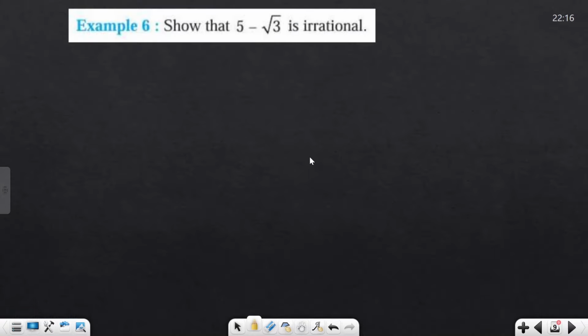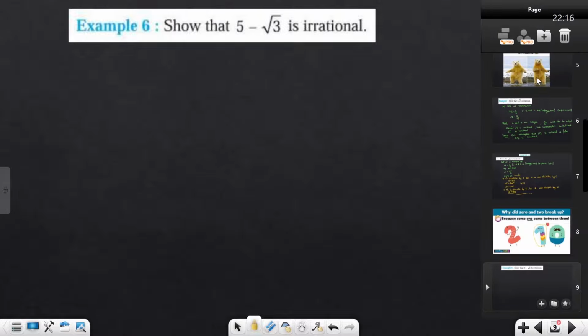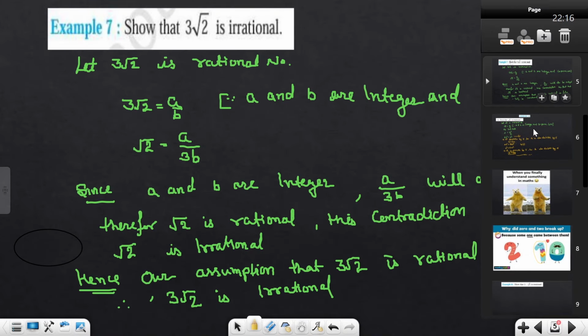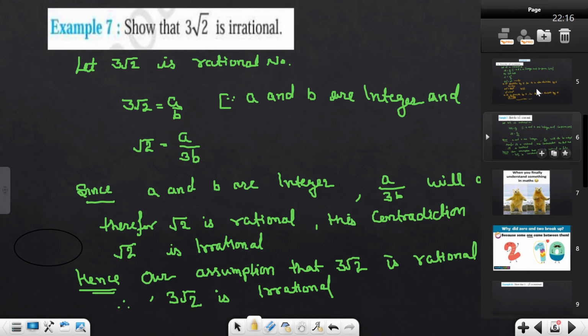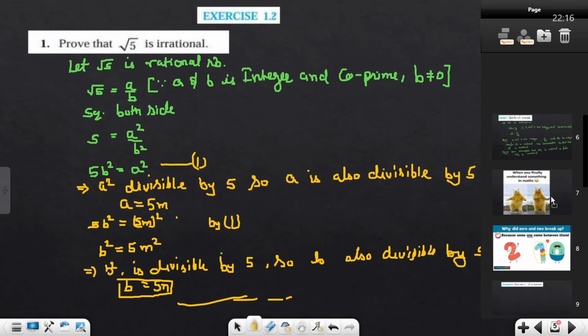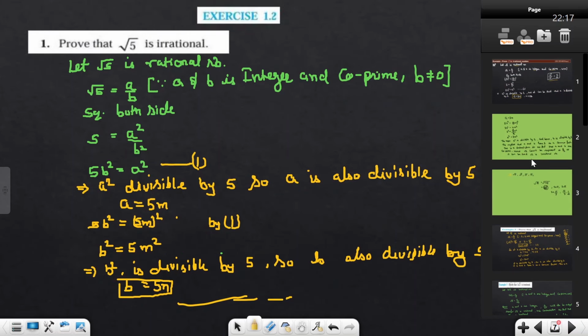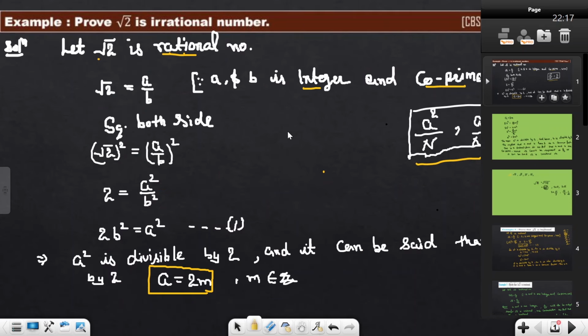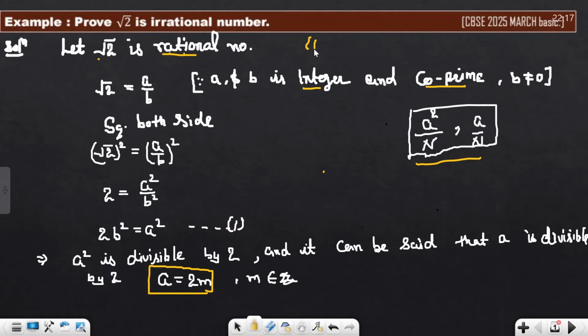Now here, how do you solve this question? Similar to the second part. Which is the first part? This type is part 1, or type 1.